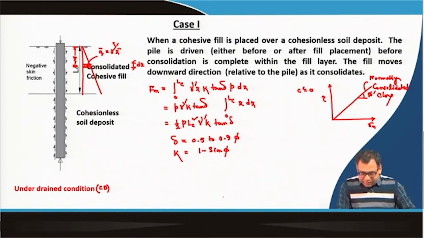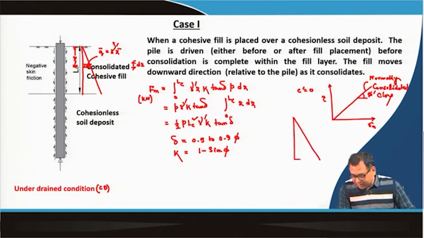This way we can determine the total negative skin friction, in kilonewtons, how much amount we can calculate, which is the same as the friction resistance calculation for the pile.